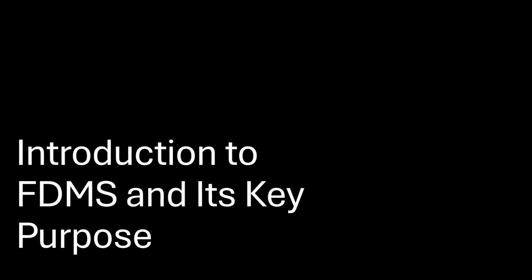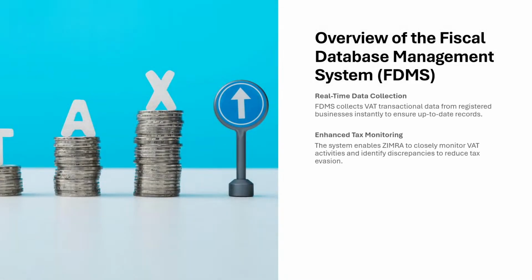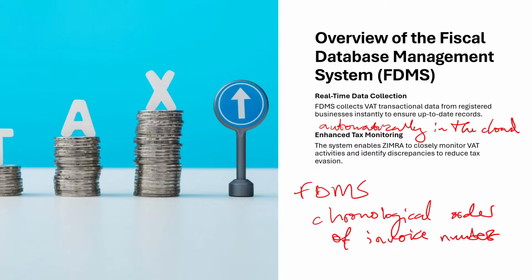All right. As I was explaining what FDMS is, it's a real-time data collection system. So what happens is with FDMS, when you fiscalize your invoice, it needs to follow a sequence of invoice numbers, right?